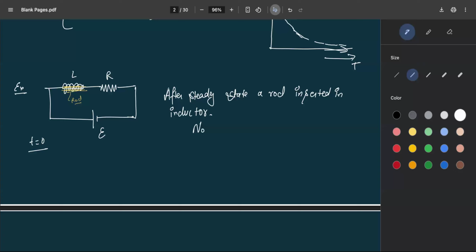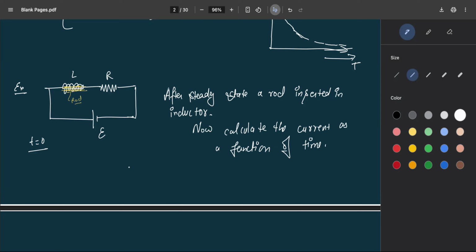Now calculate the current as a function of time. This is what you need to calculate.